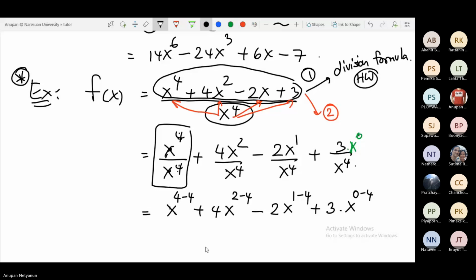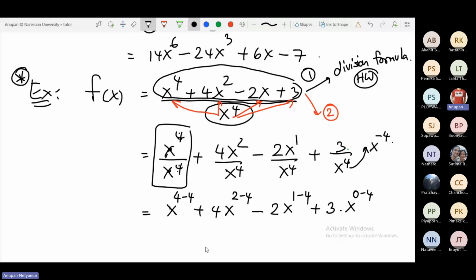Or you can think like this: you have x to the power 4, which is positive, at the bottom. If you want to bring it up to the top, your power has to be opposite. So instead of x to the power 4, when you go up top, you need to change to the opposite, which is negative 4.